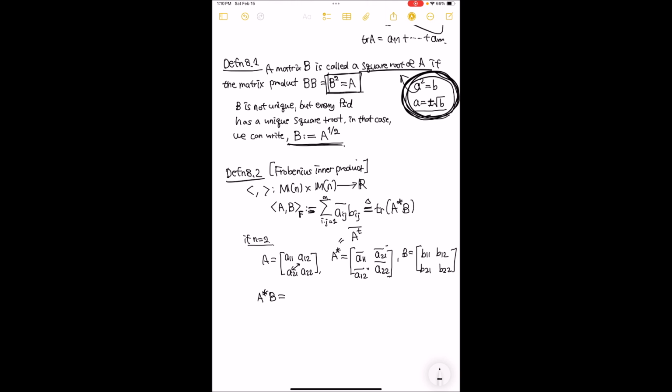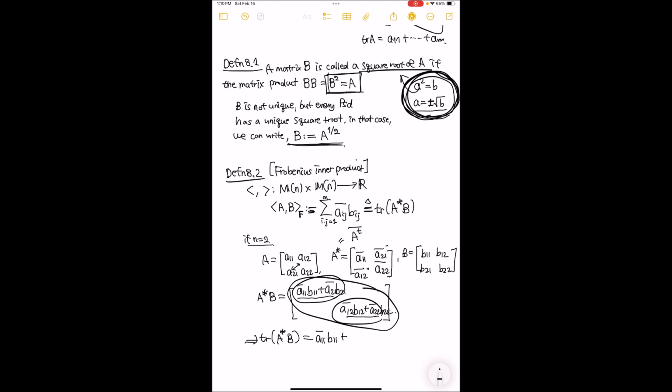If we compute this matrix multiplication and look at the diagonal components, because we only need those to compute a trace, trace A star B is ultimately bar A11 B11 and so on.